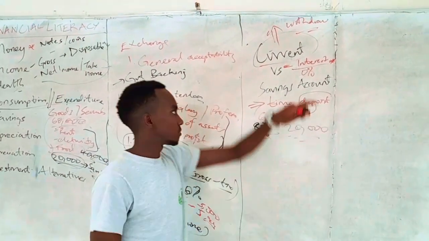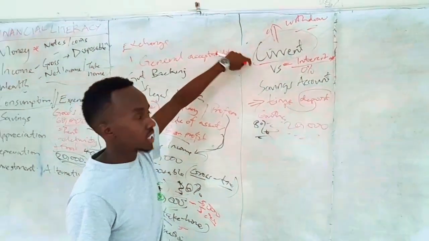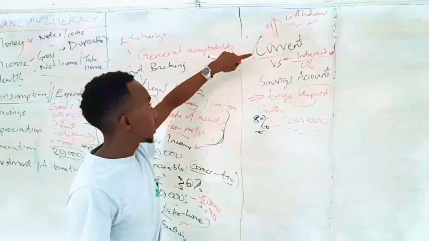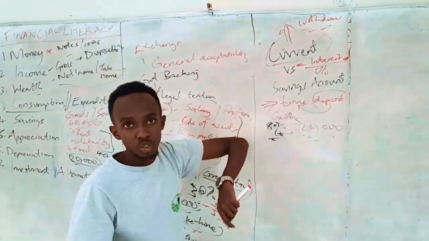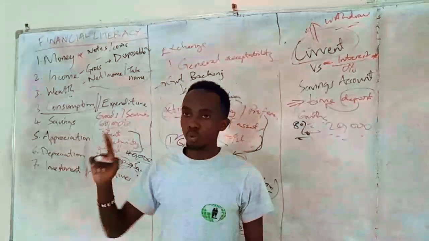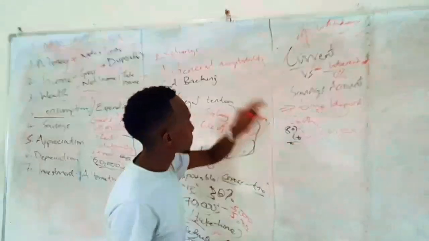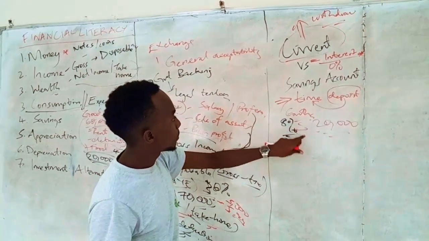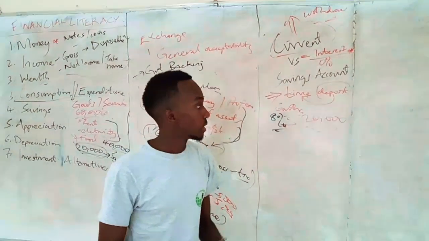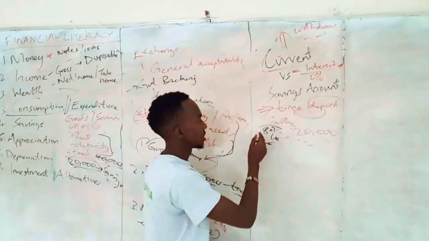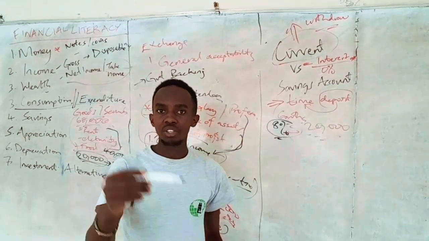So that is better than putting it in a current account. In a current account, I would probably have spent it, and even if I never spent it, I wouldn't have earned any interest. And remember, inflation is going to wipe out your money, but that is something you're going to learn in a different economics class. By putting it in a savings account, at least I earn some amount of money. But this rate is not the most competitive in the market.